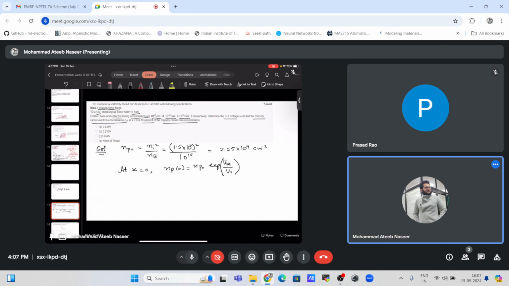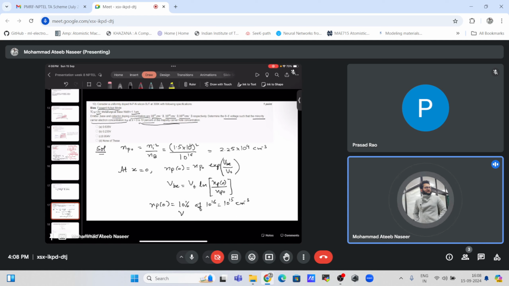Or simply, vbe is vt times ln of np of 0 by np0. Since np of 0 is 10% of the majority carrier concentration of holes, as given in the problem, it is 10% of 10 to the power of 16, so it is 10 to the power of 15 per centimeter cube.